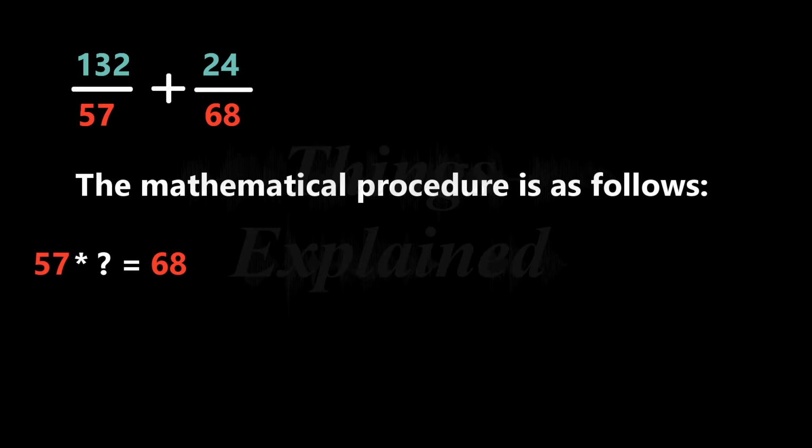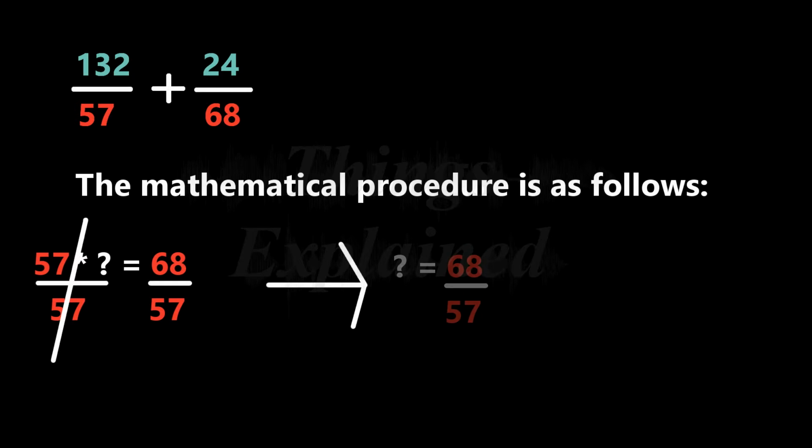This question mark represents the number that we need to multiply 57 by in order to make it into a 68. So we start by dividing both sides of the equation by 57. The division operation cancels out the multiplication operation of times 57, leaving the question mark on its own. So now we have question mark is equal to 68 over 57.